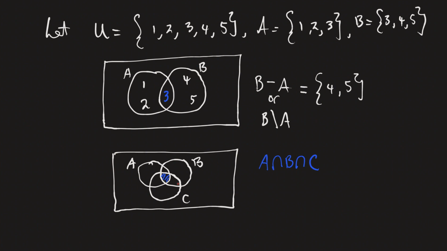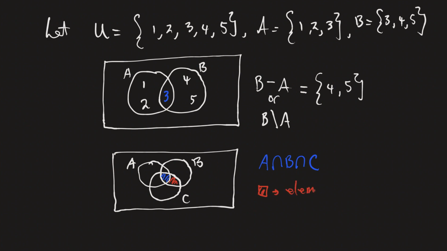Now, what if you wanted this little red region there that is inside of B and C, but not A? So what if you wanted just that red region there? So again, let me write that out in words first, right?